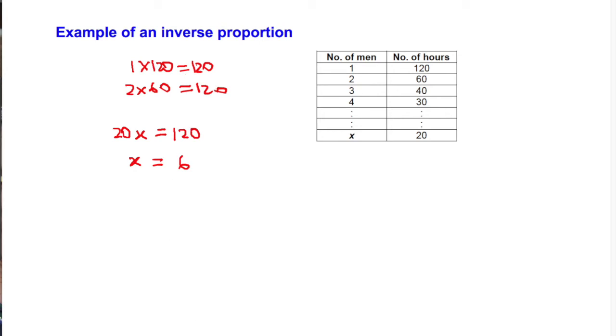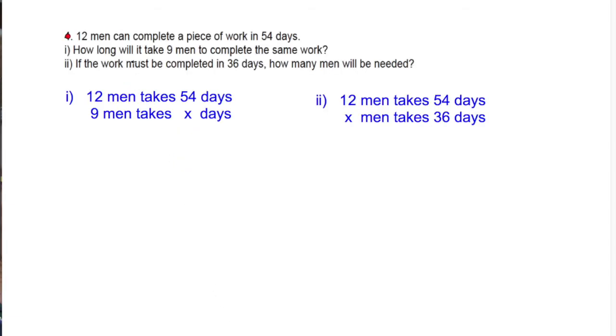We will now take a look at two problems. In the first problem, we have 12 men can complete a piece of work in 54 days. How long does it take 9 men to complete the same work? Once again, we begin with two statements which states that 12 men take 54 days. 9 men will take X number of days.